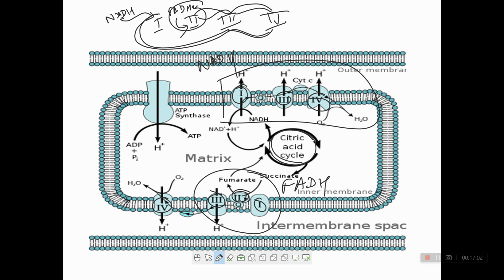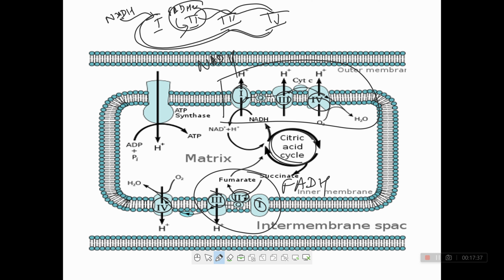In the citric acid cycle we studied that NADH and FADH2 are both released, right? When malate is converted into fumarate, one FADH is released, and after that one NADH is also released. So NADH and FADH both are released in the citric acid cycle.